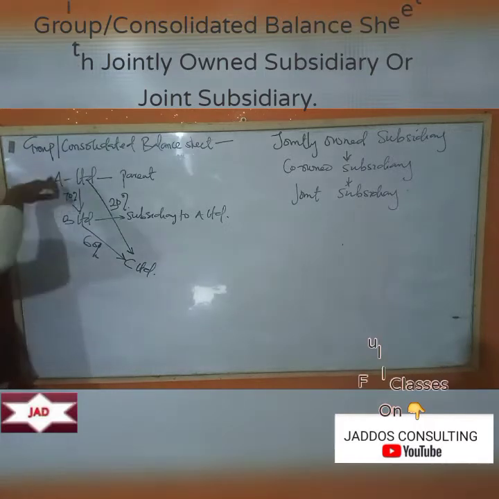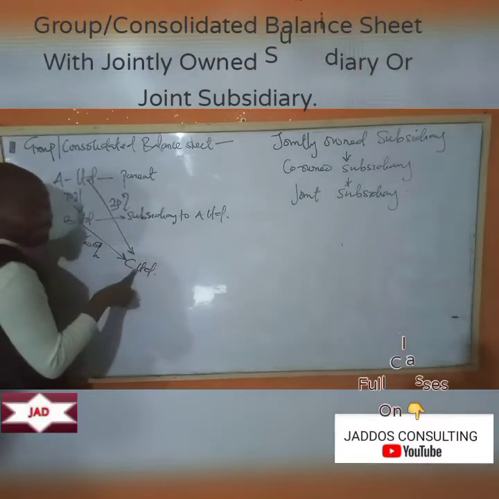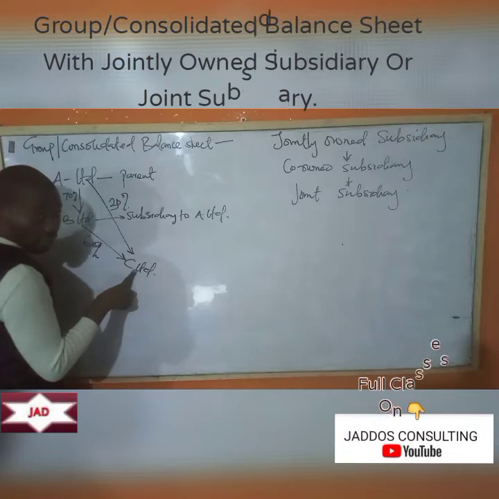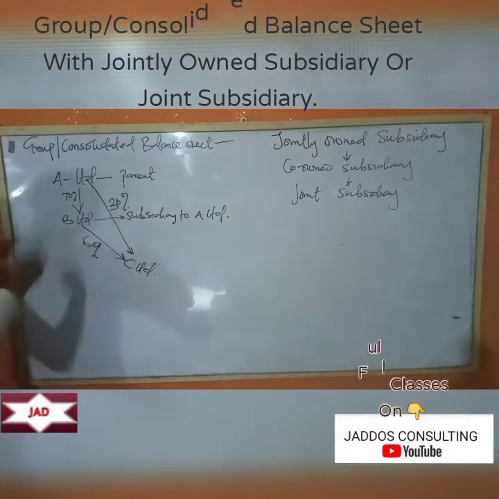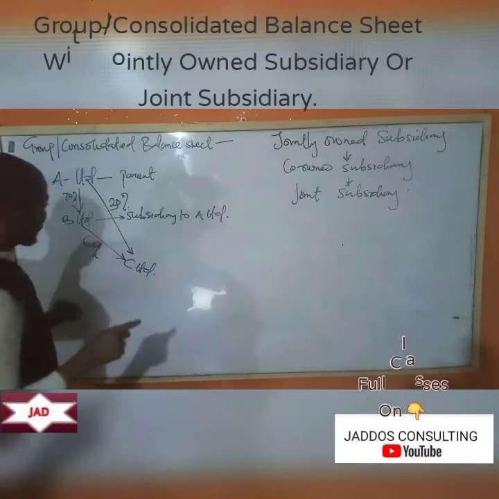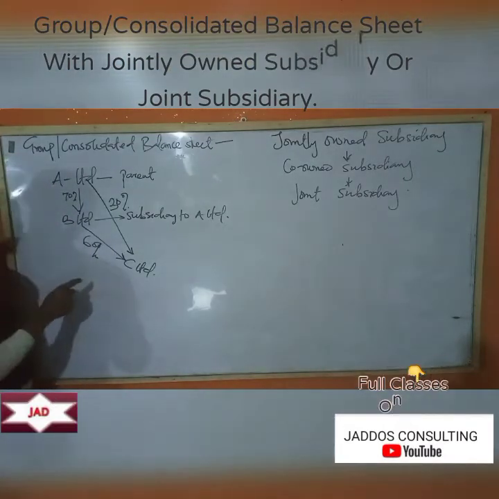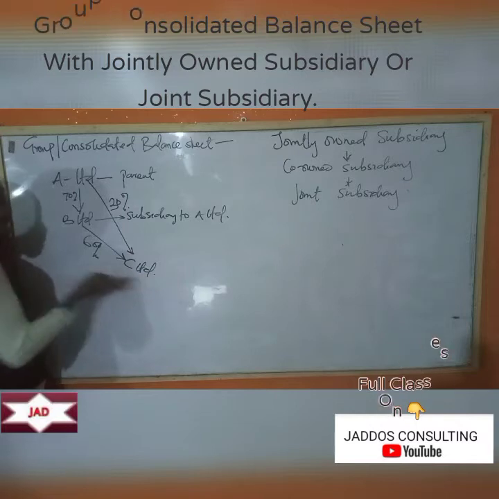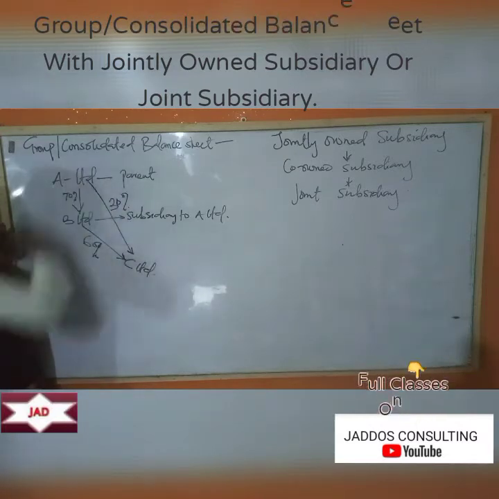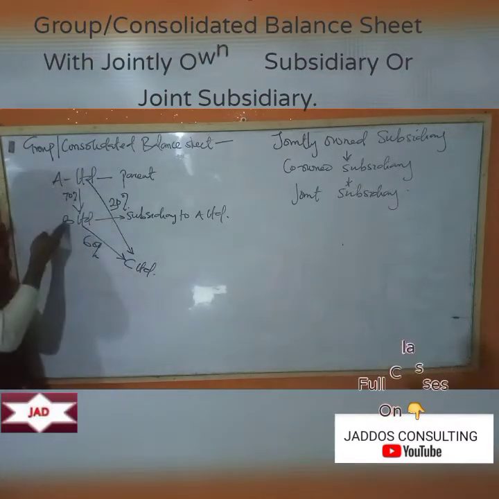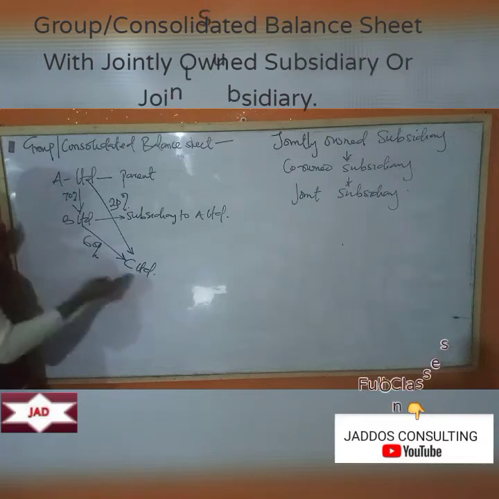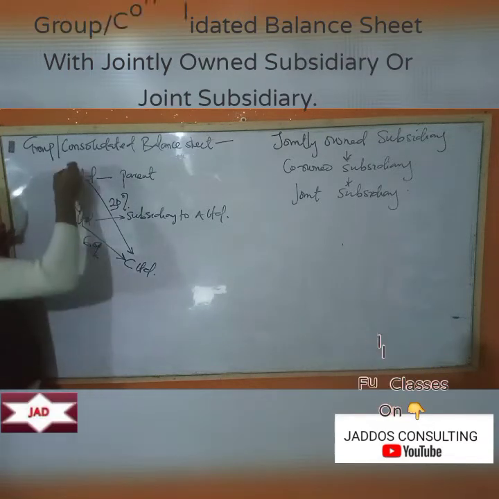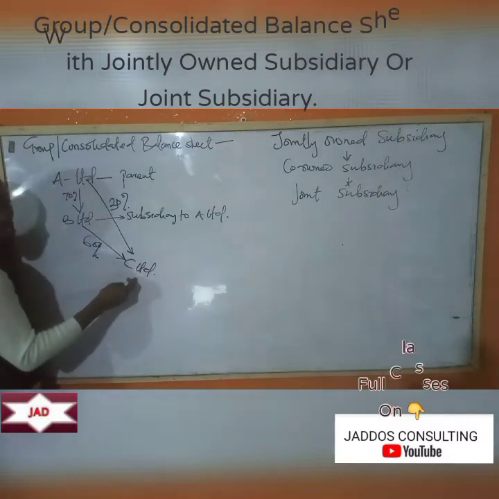Now, A has 30% shares in C Limited. Of course, not controlling directly. But when you combine the holding structure, you will now see that C Limited is a subsidiary of the group. Already, A is controlling B, B is controlling C. Now, A has 30% in C.